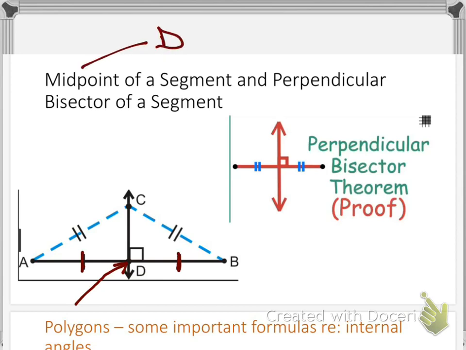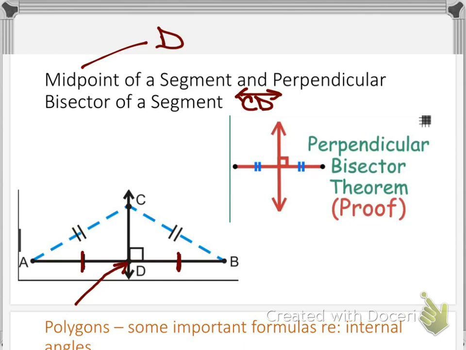Okay, what's the perpendicular bisector? The perpendicular bisector of segment AB is CD. CD is a line too, so since it's a line, we're going to write it with arrowheads. So line CD has two roles.